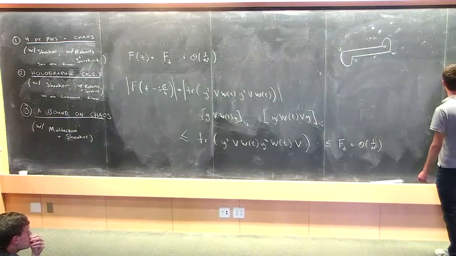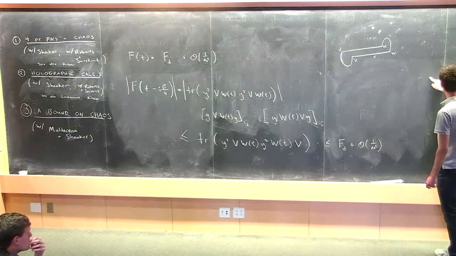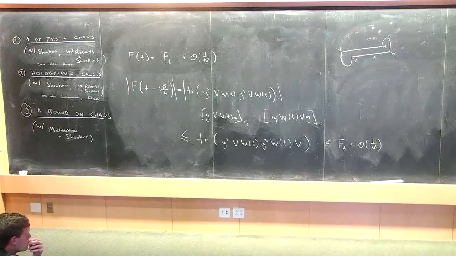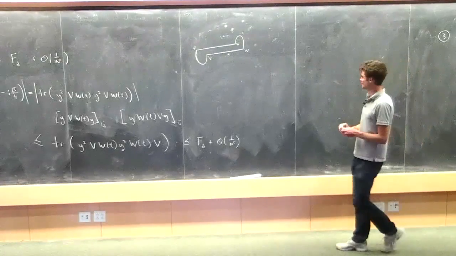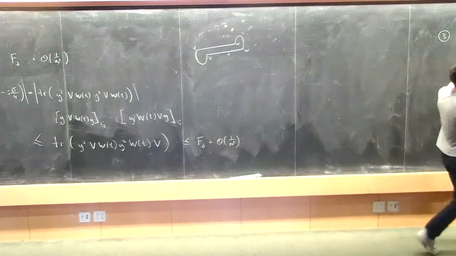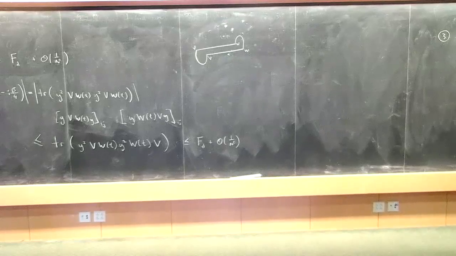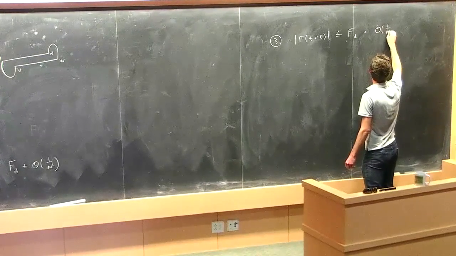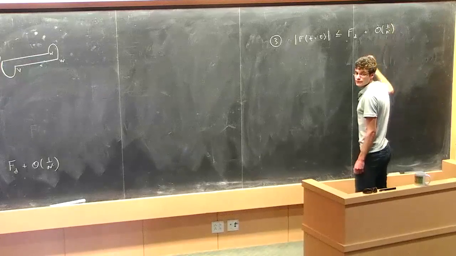Now we've bounded the function on this strip, on this edge, on that edge, and the argument for this edge is identical. I realize I'm drawing on something invisible, but you guys have good memories anyhow. So the conclusion is that this holds up to errors that are of order 1 over N squared and uniform in time.